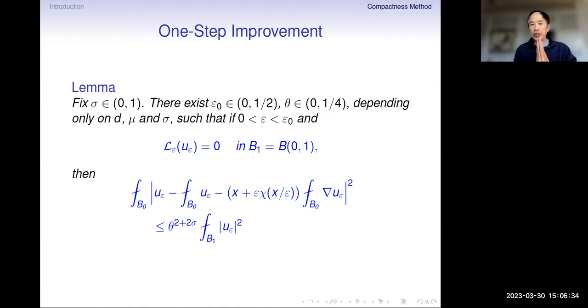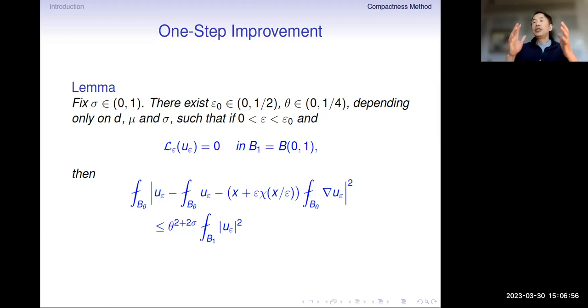This is something called a two-step or three-step argument. The idea is that you use compactness to gain a little bit of regularity in the first step.